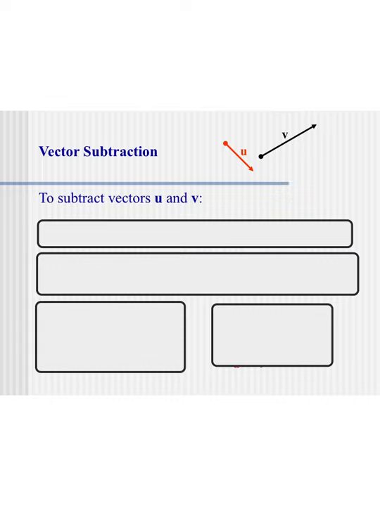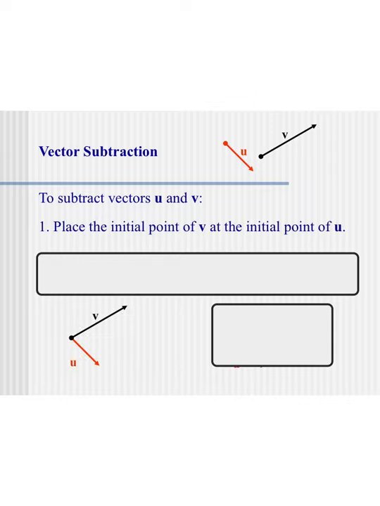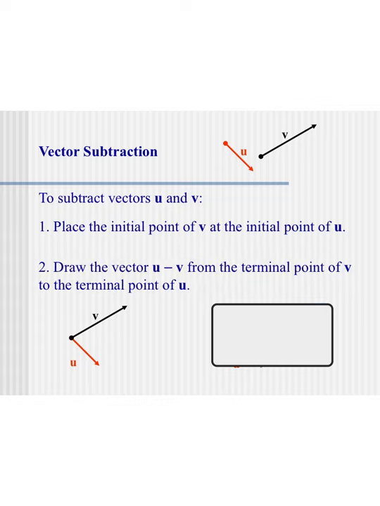If I want to go ahead and subtract my vectors, again, we have a process to outline that. I'm going to begin by taking the initial point of v, and I'm going to line that up with the initial point of u. So what that looks like is we can see the two vectors are connected at their initial point. Then for u minus v, we're going to draw an arrow going from the terminal point of v to the terminal point of u.